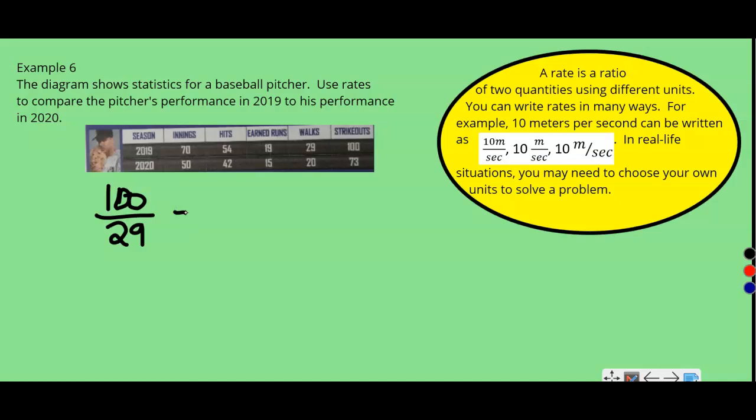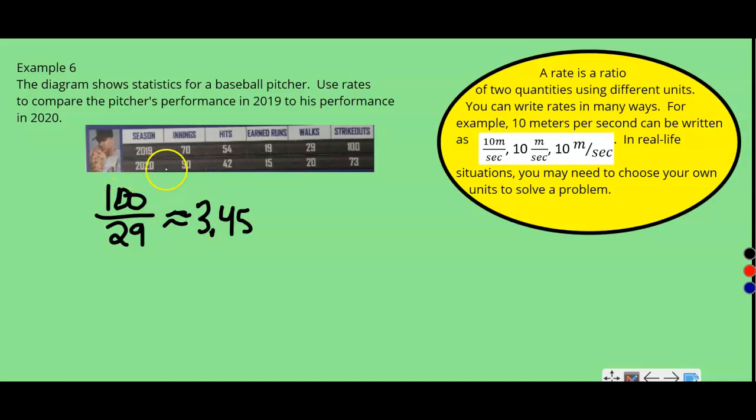So this is going to be approximately equal to what? If we do 100 divided by 29, that gives us about 3.45. So that is 2019.